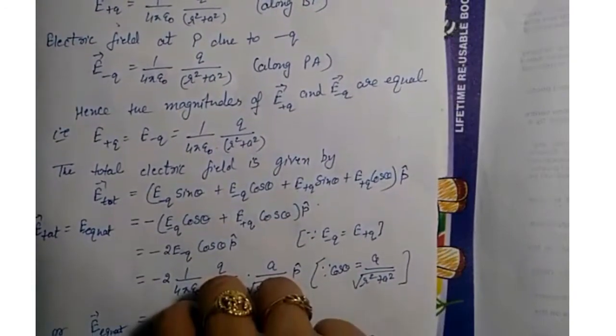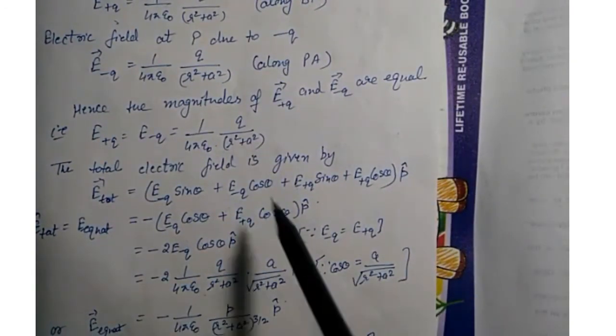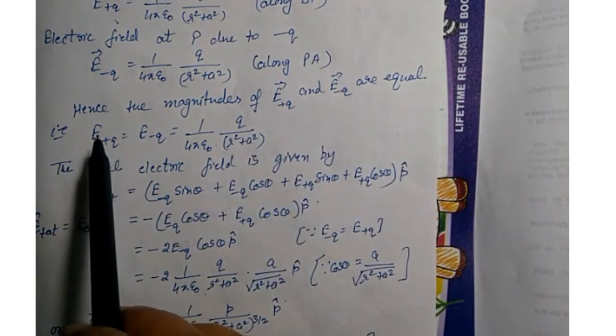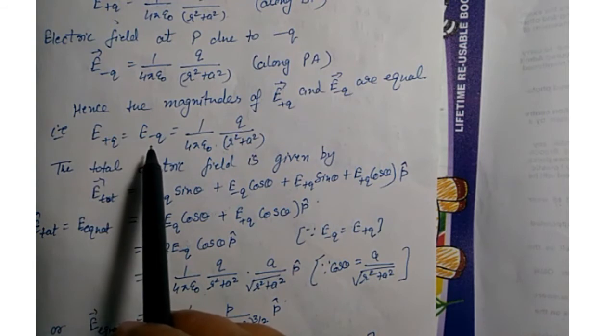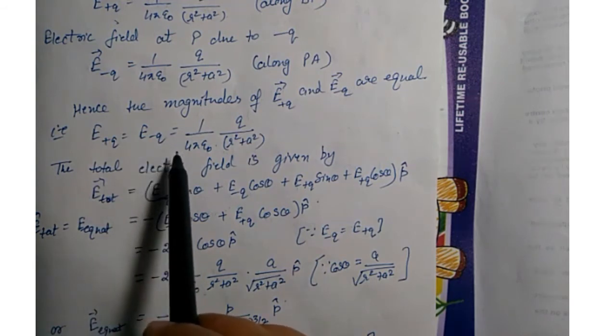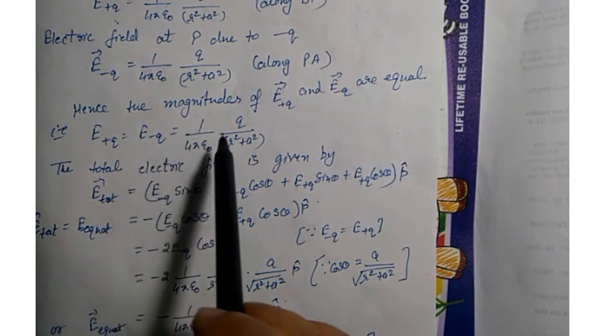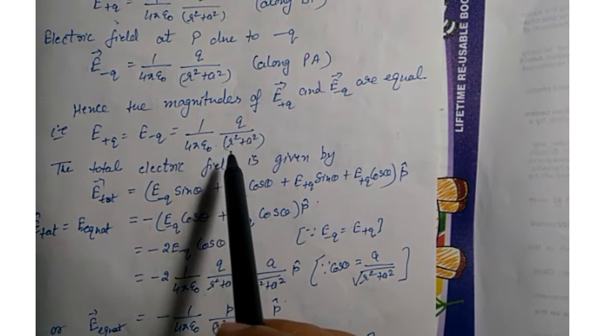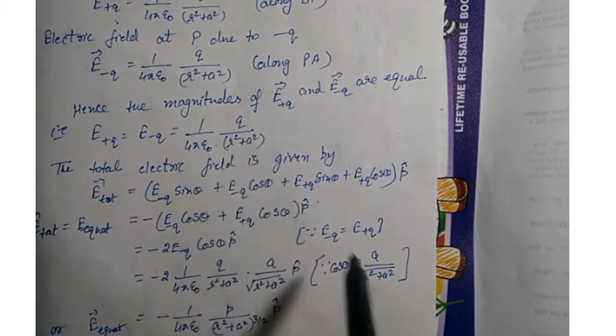Hence, the magnitudes of E plus Q and E minus Q are equal. So, we can say that E plus Q is equal to E minus Q is equal to 1 upon 4 pi epsilon naught Q divided by R square plus A square.